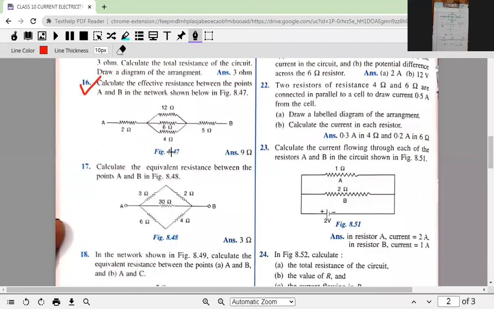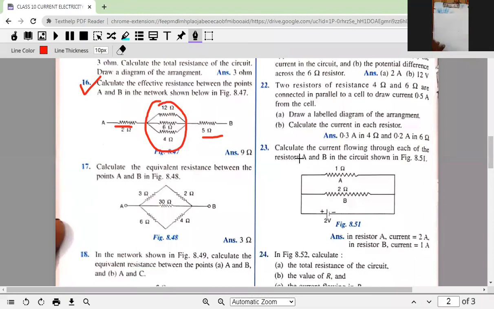So first of all, find their equivalent by using the formula of parallel. Then this 2 ohm, its equivalent, and this 5 ohm, they will be in series. So see here, I am determining the equivalent of 12, 6 and 4.